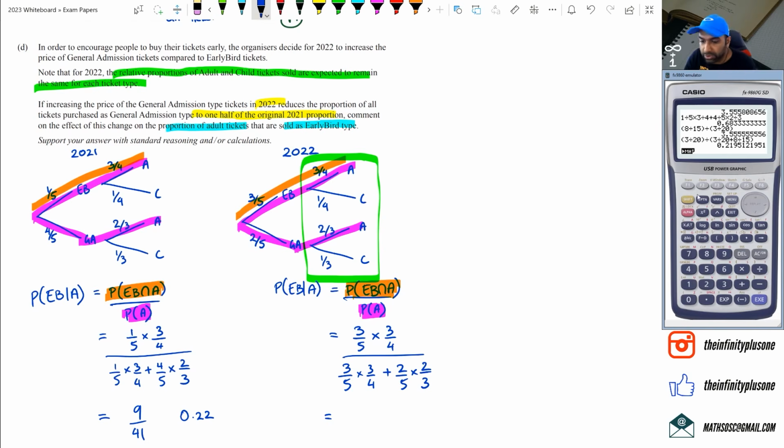Once again, I'm going to put this all in the calculator. So I've got 3 times 3, which is 9/20, divided by 9/20 plus 4/15, which gives me 0.63, or as a fraction, 27/43.